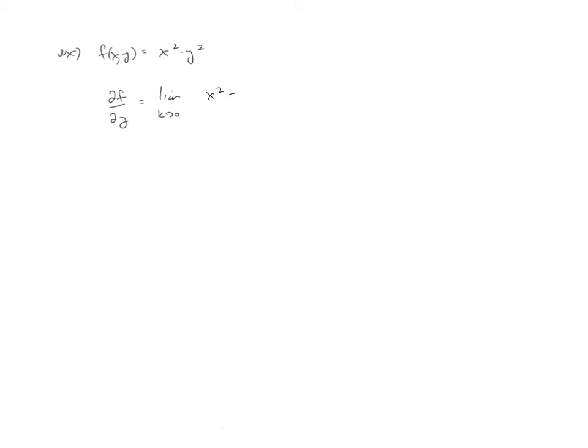But every place you see a y, you're going to need to replace that with y plus k, minus the function itself, all over k. So this part here is going to be our f of x, y plus k. This is going to be our f of x, y, and then of course we have our k down below.